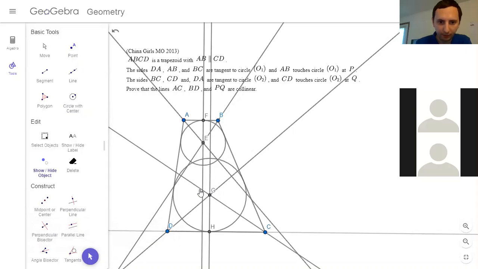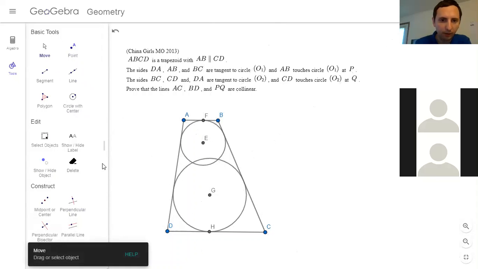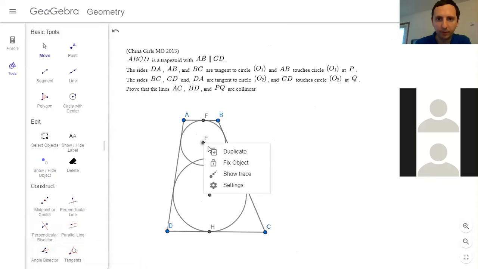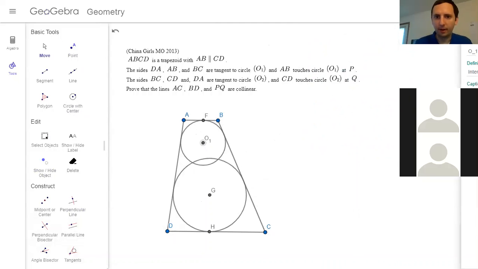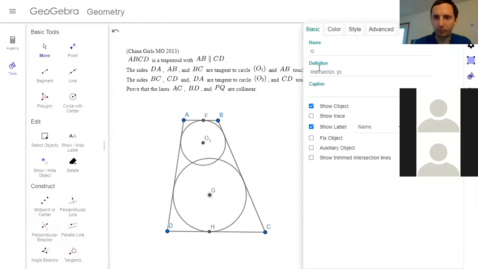I'm going to hide these extra lines. And so this one has center, let's call this one O1. And this one is O2.